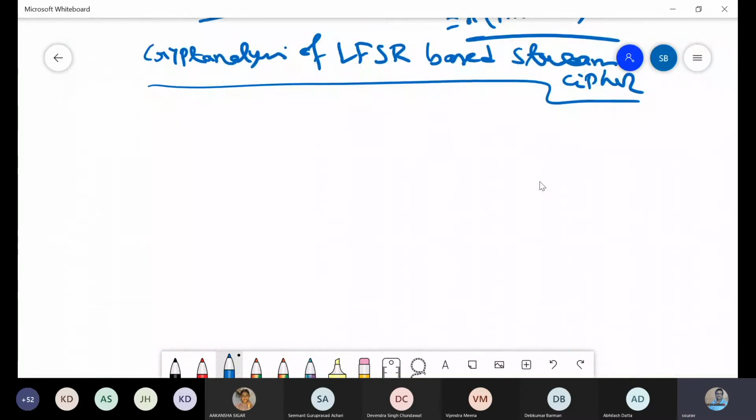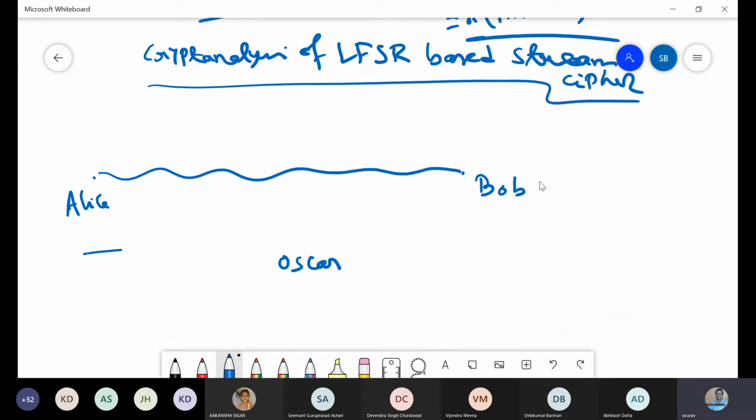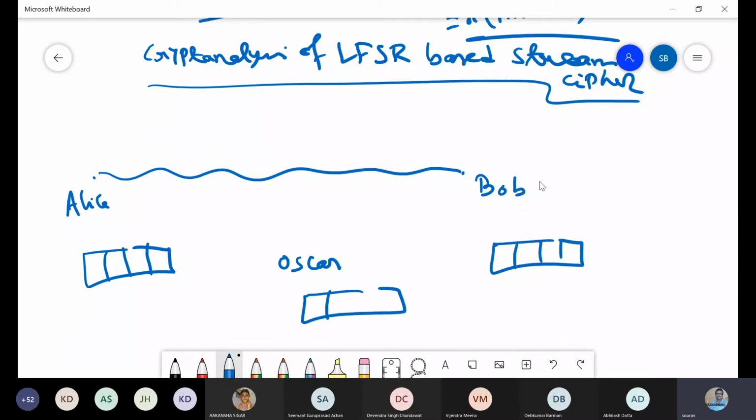Again I have to write the same picture: Alice, Bob, and they have this public channel which is captured by Oscar. Now suppose they are using the 4-bit LFSR, and that is public. So all the people have this, even Oscar has this connection. We have to fix that LFSR before they use it, so they cannot change it.